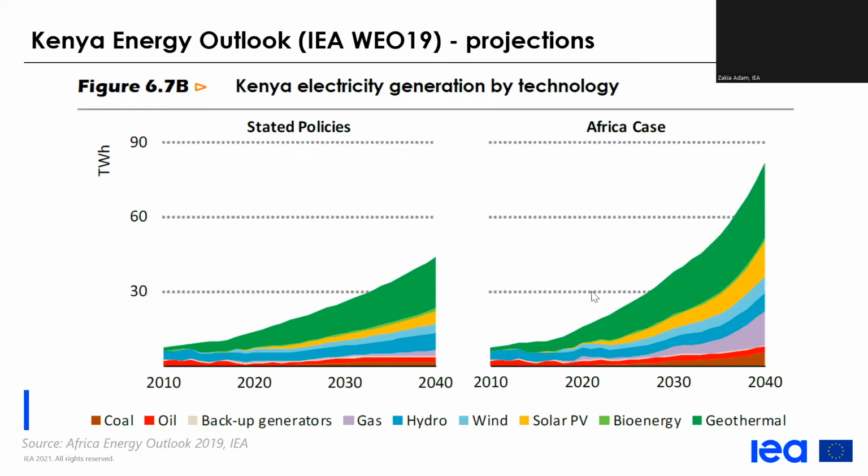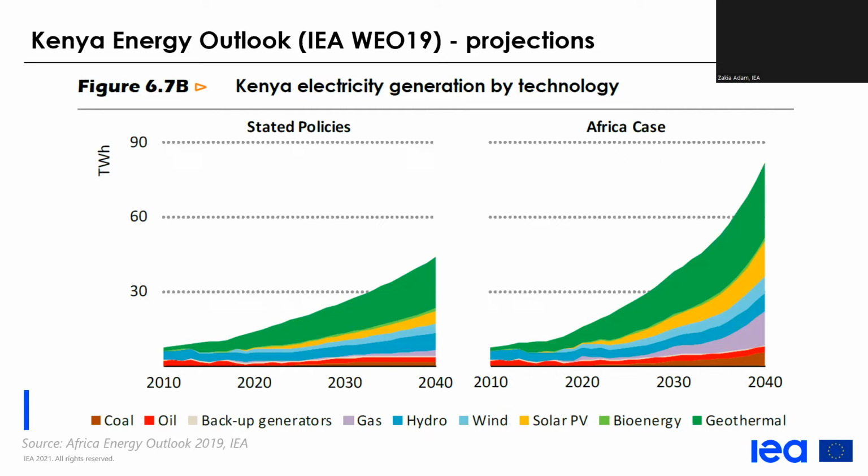And here you can see that we also model the backup generators as a technology for electricity generation. You can see how this trend is going in both our scenarios.